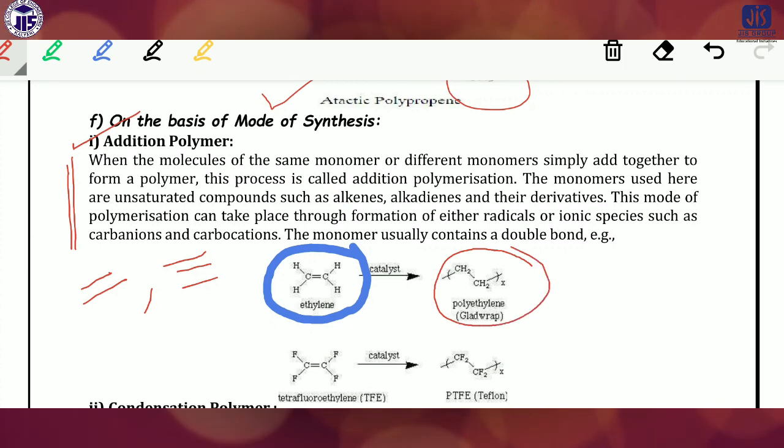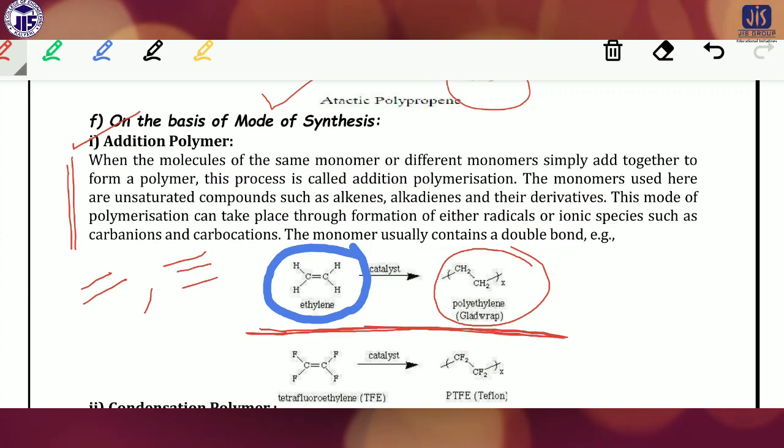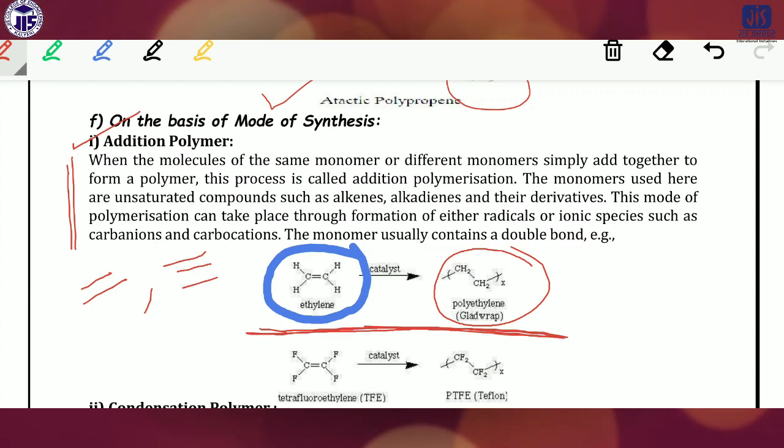There is an important part. If you think about ethylene to polyethylene, the double bond will break down and single bonds are formed. But there is no generation of other small molecules. That means ethylene to polyethylene is just breaking the bond and making the bond, with no byproduct in this process. This is called the addition polymer.